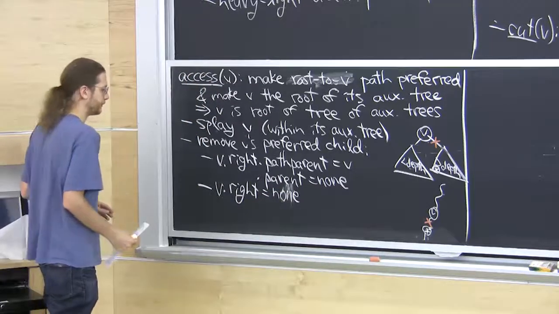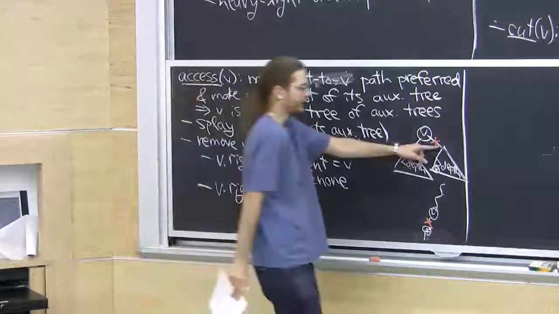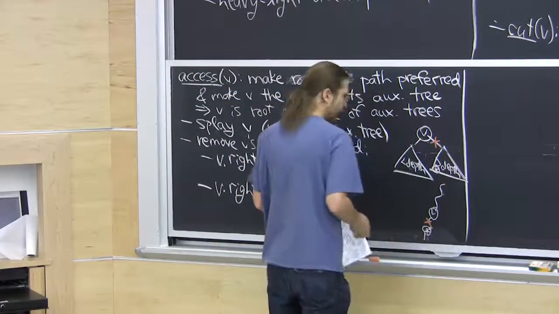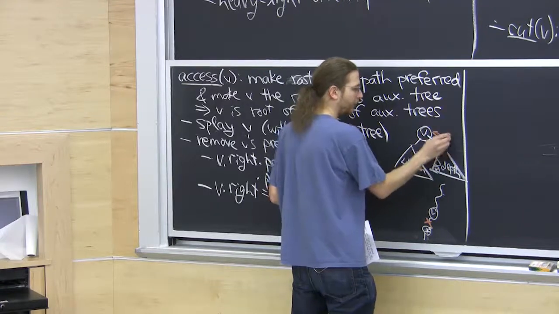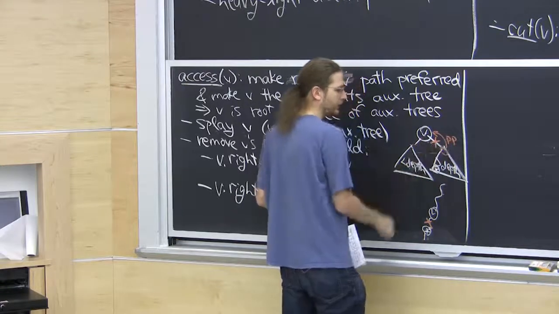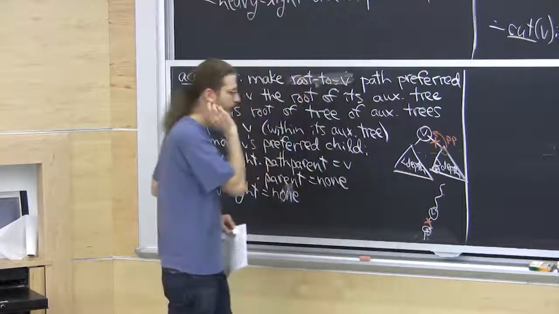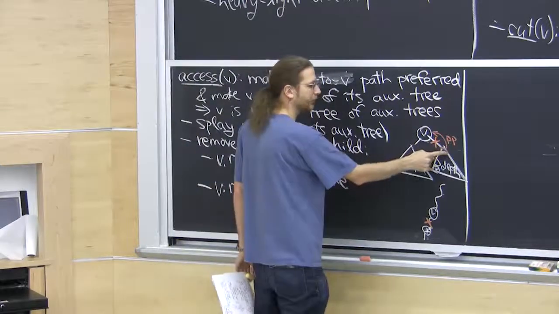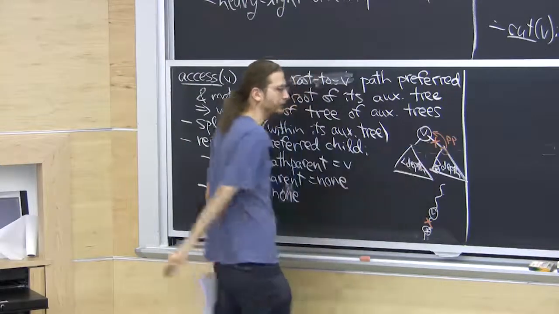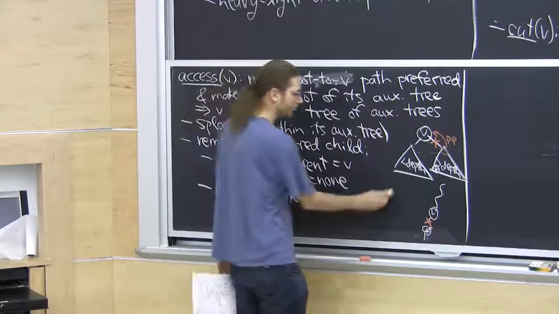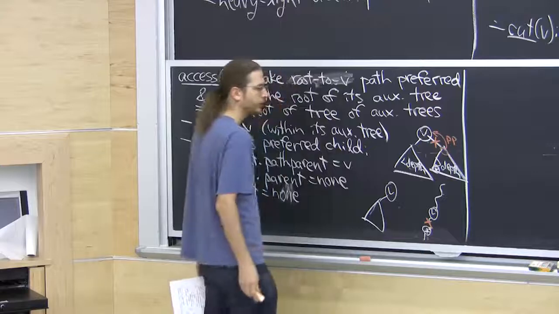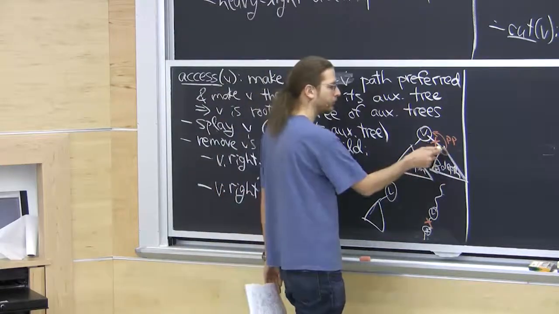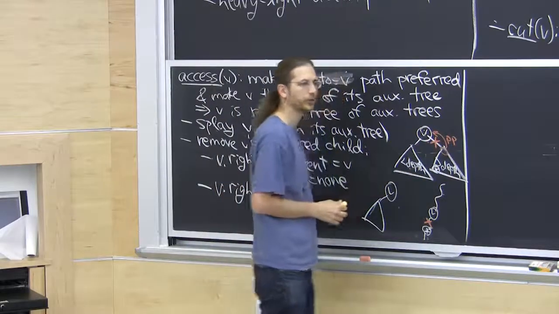Okay, so basically I'm obliterating this edge. So I'm going to make this vertex here have a path parent pointer to V, and otherwise obliterate this edge. It will no longer have a parent. V no longer has a right child. So V has a left thing and no right pointer. But this separate tree is going to have a parent pointer to V.